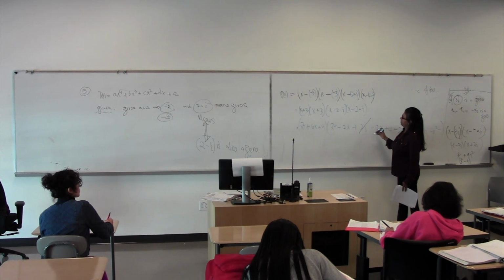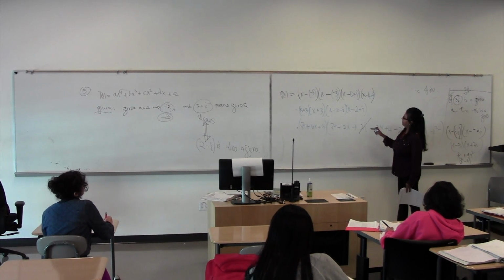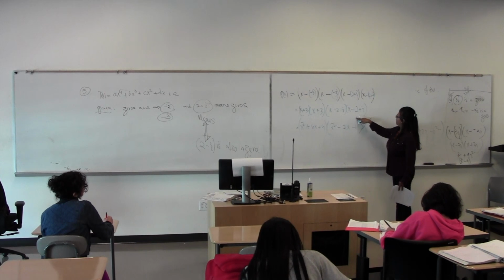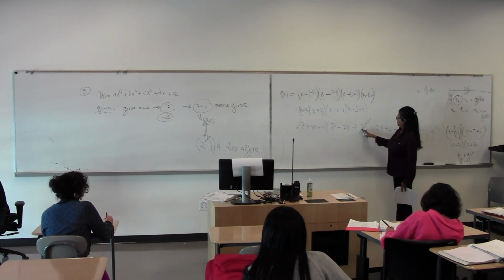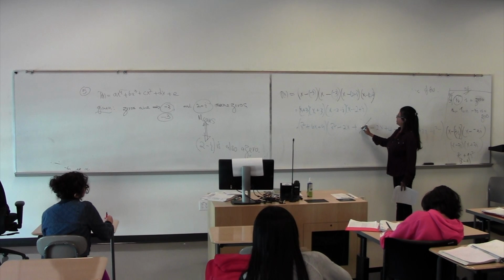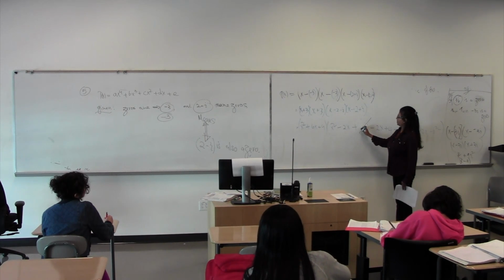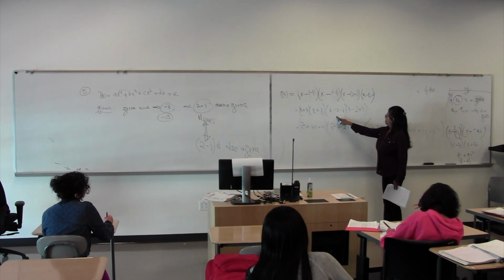If we multiply this by i, negative i times x is negative ix. No, this one's supposed to be positive, right? No, that one was right. The third to last term of the parentheses, like down.